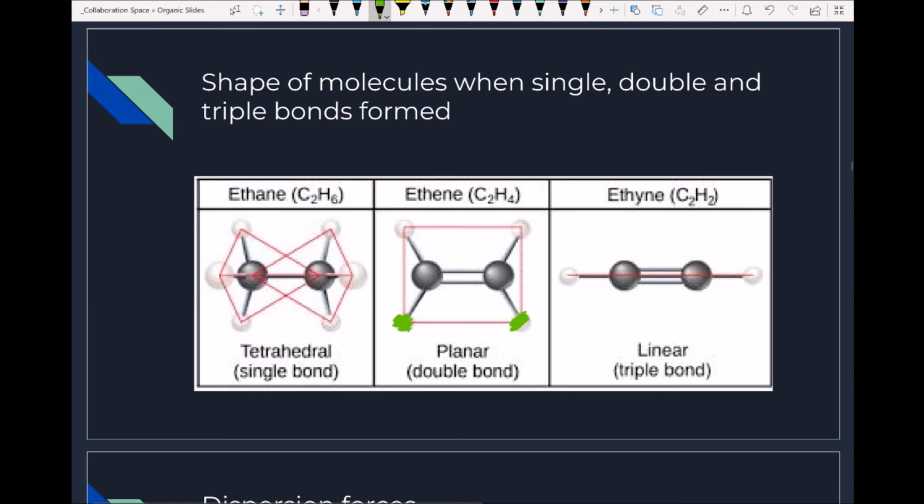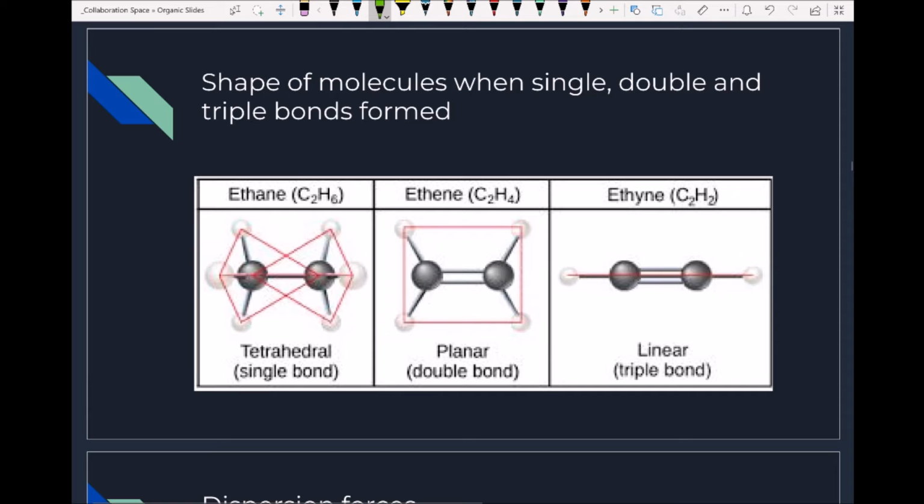It could be on the same side, the cis or trans. That does mean that we can have some different locations there, which can lead to differences in the way they might react or interact with each other. But overall, less options than our single bond there.